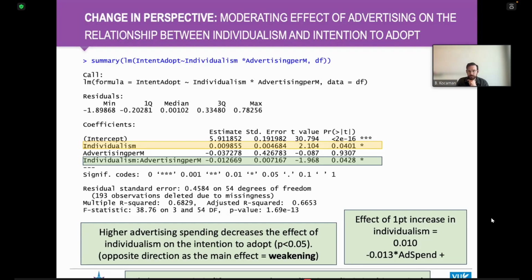But if the range of this ad spending doesn't make sense, then this could also be a buffering effect. But this will be clear if there is a question related to this. Overall, conceptually, it's important to understand that when you have a metric moderator, it's important to understand the range of this variable to conclude if this causes an antagonistic moderation or a buffering moderation.